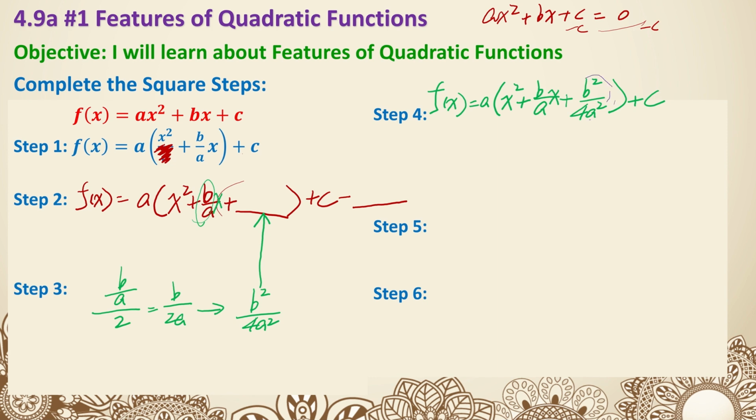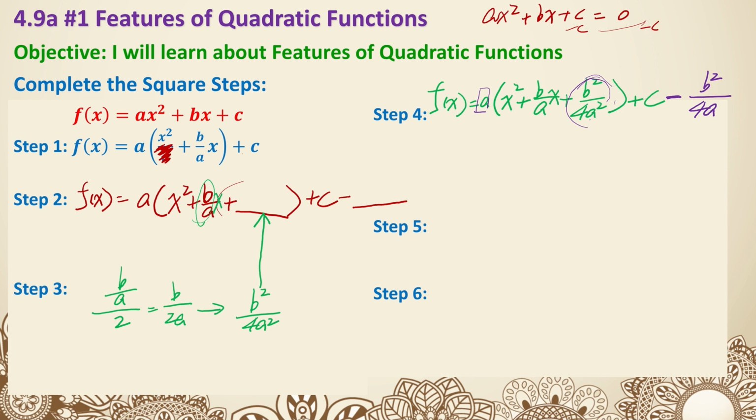This is the extra thing we added, but we didn't just add b squared over 4a squared. We also have an a outside the parentheses. So we actually added b squared over 4a squared times an a. We're going to need to subtract that. It's going to be subtract b squared over 4a, because 4a squared times the a is going to leave a 4a on the bottom. It basically cancels out an extra a.